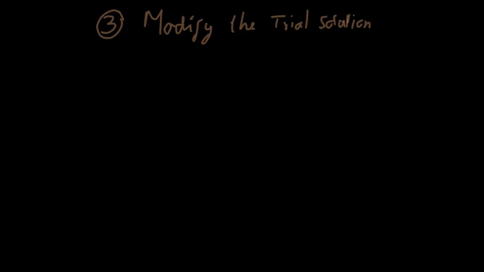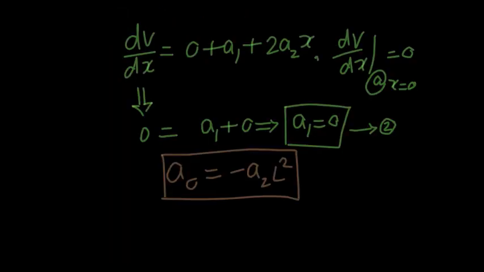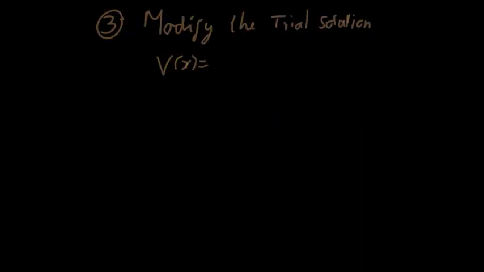So the modified trial solution is v of x is equal to a0. Now I know the value of a0. It is minus a2L squared. So v of x is equal to minus a2L squared, plus a1x, which is going to be 0, plus a2x squared.